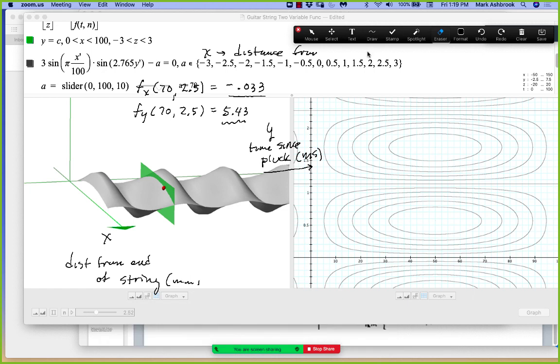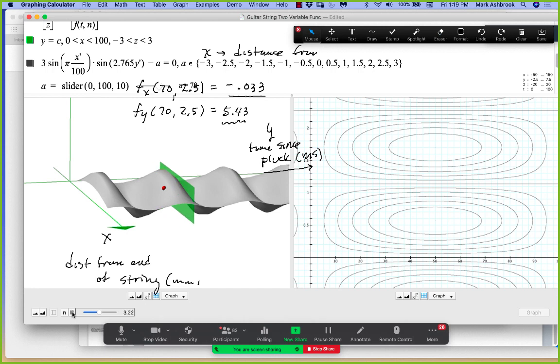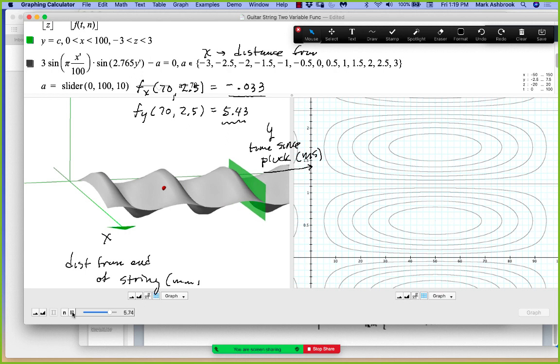Check this out, it's pretty cool. If I let that green plane increase, it's like letting time go by. And we said the x coordinate was the string, from this end of the string to this end of the string. So what is that trace being formed between the plane and the surface?